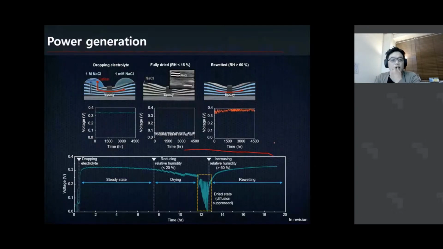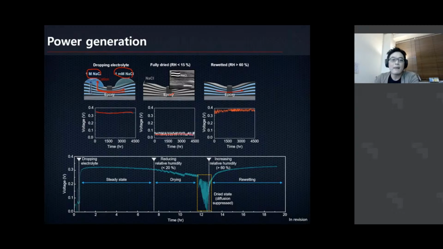Okay, so here's another thing. You put a high concentration, low concentration, and your sodium ion flows, right? So your voltage OCV comes up. Now I dried it up. So you dry all the water out, right? So your sodium is stuck in the channel, so there's no potential supply.